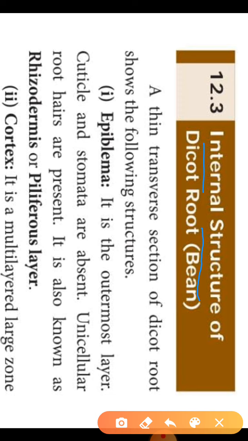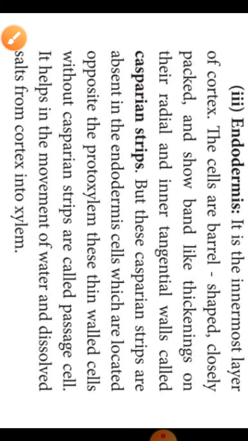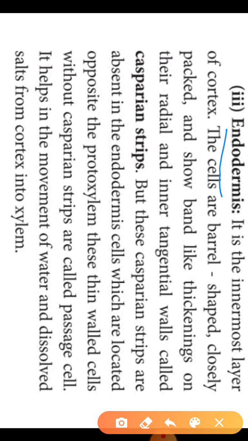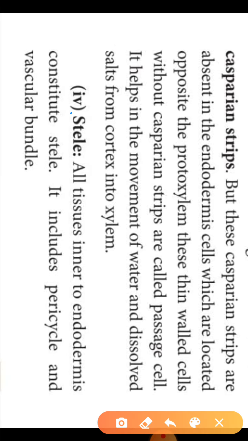A thin and transverse or cross section of dicot root will show four following structures: epiplemma, cortex, endodermis, stele.